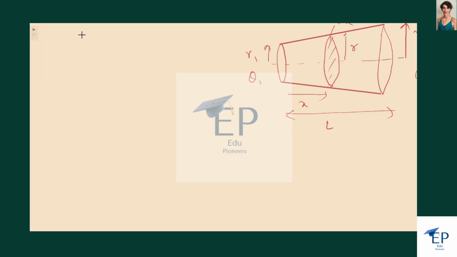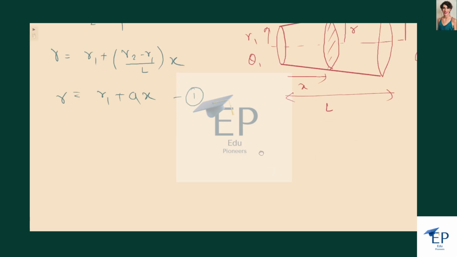We are given that theta 2 is greater than theta 1, and the radius is written as r1 plus (r2 minus r1) upon L into x, or I can say r1 plus, I assume, a into x. So this is the radius of a section. Let this be our equation one.